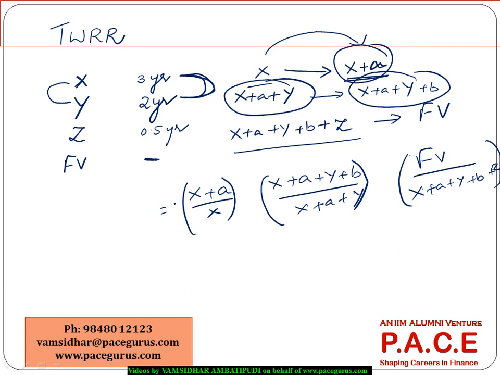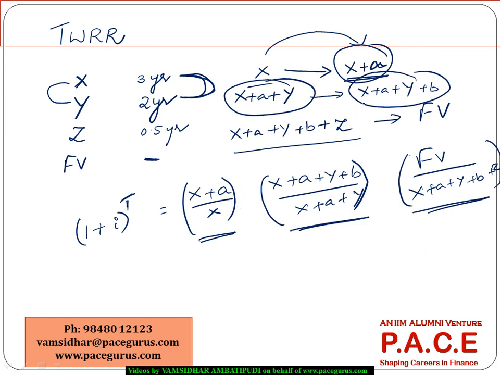So this I equate to (1 plus I) to the power T, whatever the individual period returns are. So the weightage is purely based on time. During that particular period of time, whatever is the return that each investment generated, that is what we are taking as a part of the time weighted rate of return.